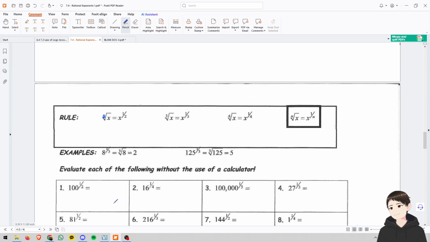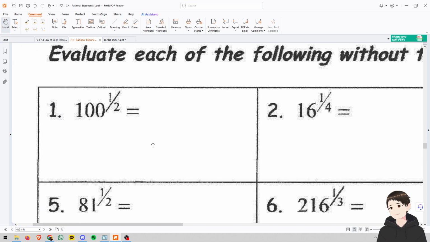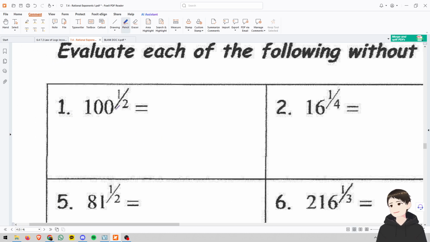So you should be able to try to calculate these without a calculator, right? 100 to the power of 1 over 2. The denominator is 2, so it's just the square root of 100. So you ask yourself, what multiplies with itself 2 times to give 100? That's a 10.